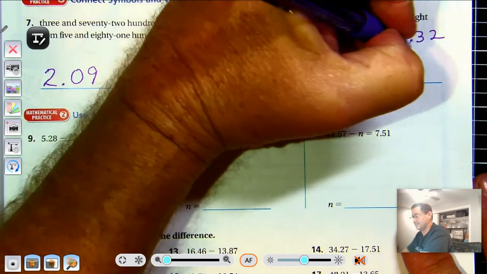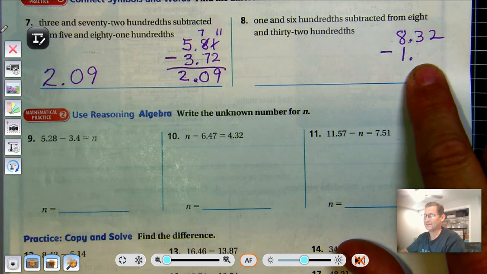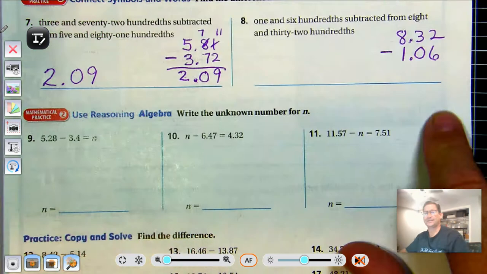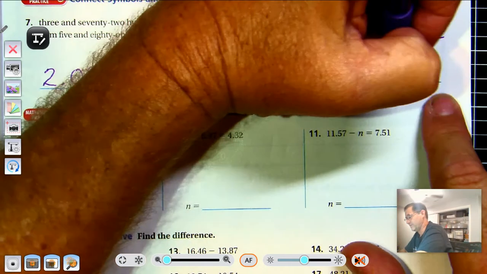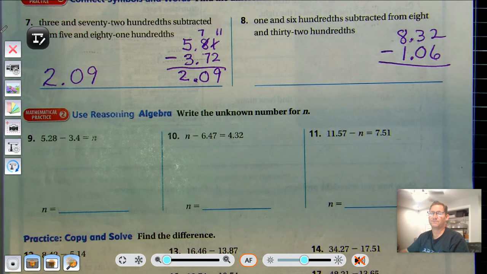Now how do we write 6/100? If I just write 6, that's not in the hundredths place, is it? So I have to write 0.06. 1 and 6/100.